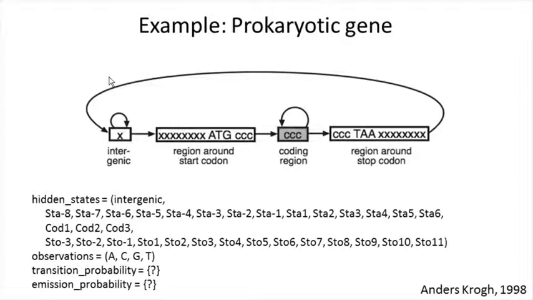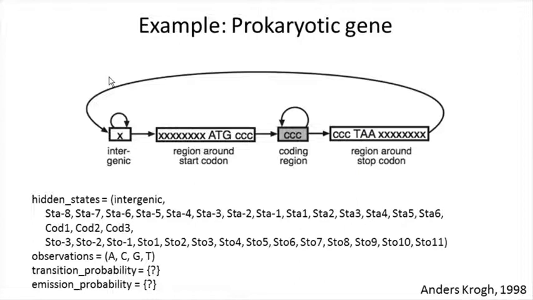It's very simple to add some states. We add one state of intergenic base pair, and 8 states before the start codon, and 3 base pairs following the start codon, and also 3 base pairs before the stop codon, and 8 base pairs after the stop codon. So it becomes a more complex hidden Markov model.